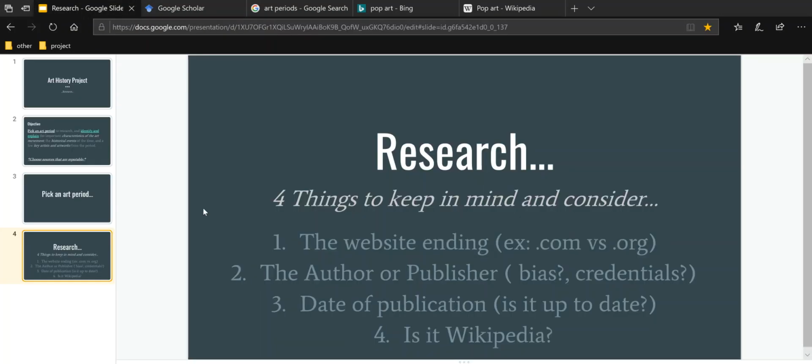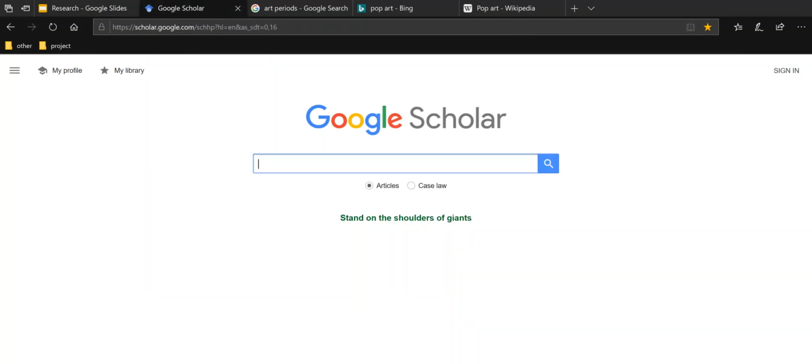Another option for researching is Google Scholar. This is a good option if you want information written by professionals or in books, and you don't have access to an academic database. So let's look up something, pop art.